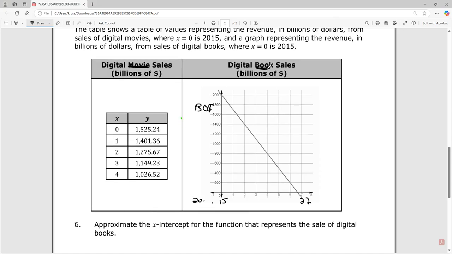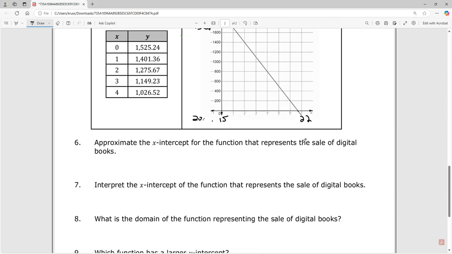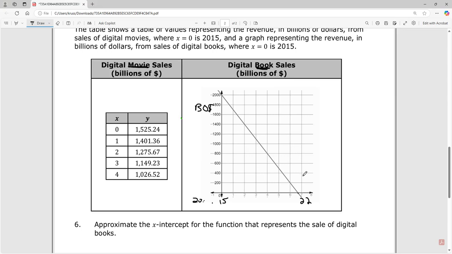So this is books, approximately, we'll say the x-intercept, that's when it reached 0 billions of dollars of digital book sales. Is 2020, sorry, 21.